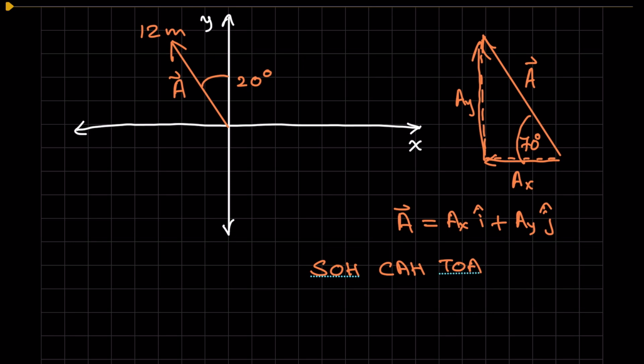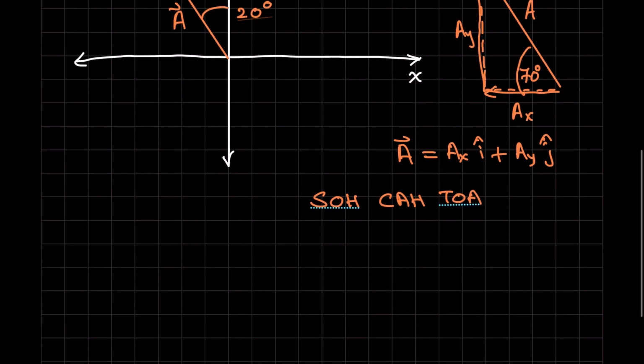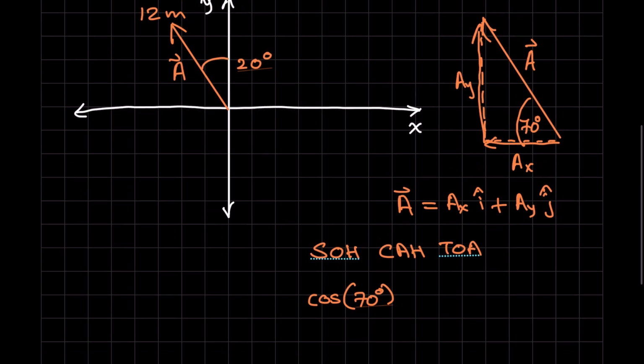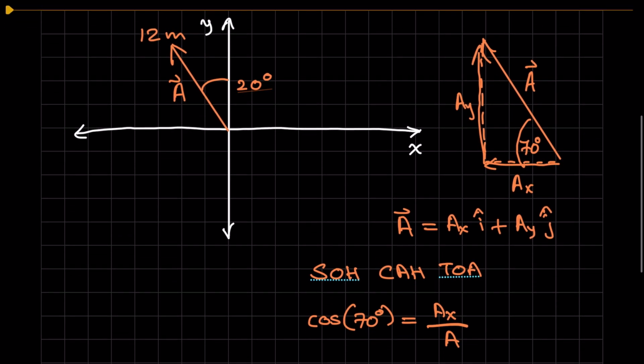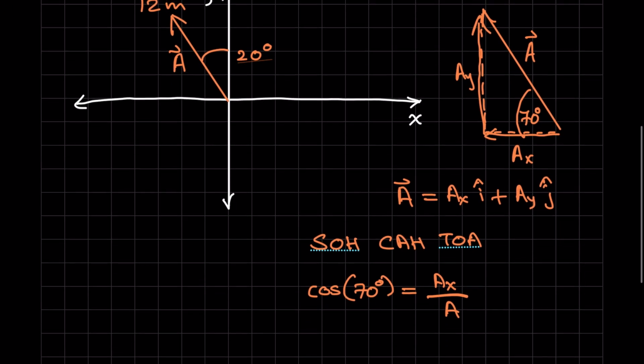The cosine of 70 degrees is equal to ax divided by A. For 70 degrees, the adjacent is ax, and the hypotenuse is A, the magnitude of A. So we can solve for ax is equal to A cosine of 70 degrees.